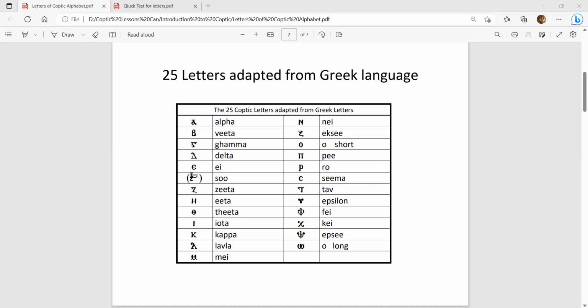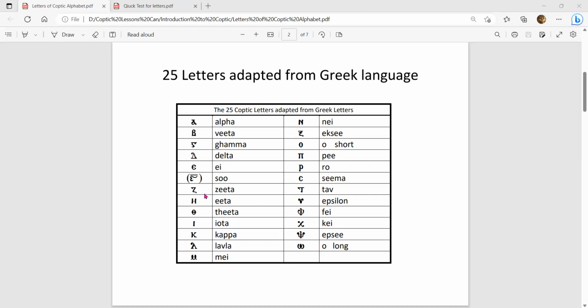This indicates that this is a number. The su will never appear in the Coptic scripture. It is only used as a letter to indicate the number 6. In Coptic in general, when we want to say 1, we put the letter alpha with a horizontal line over it. For 2, we put the vita and the line on the top.